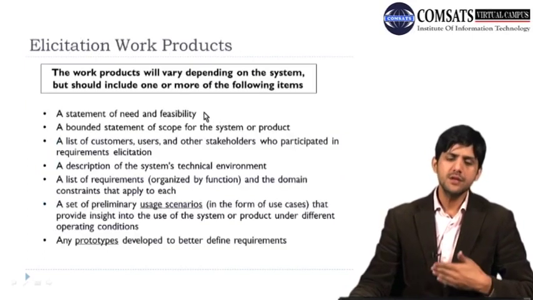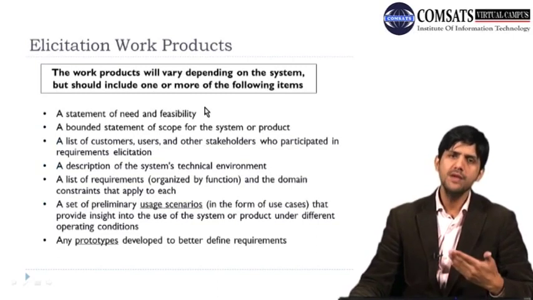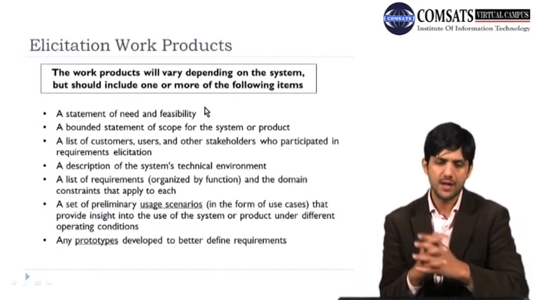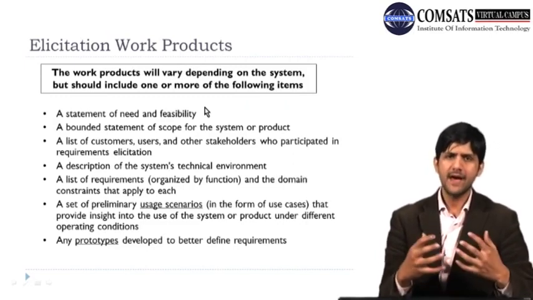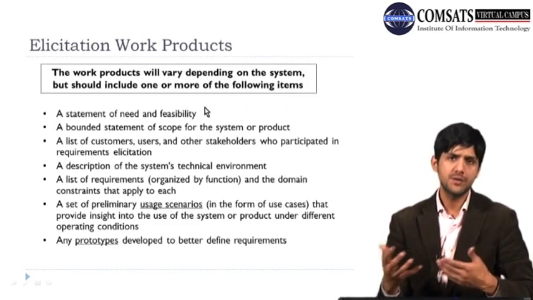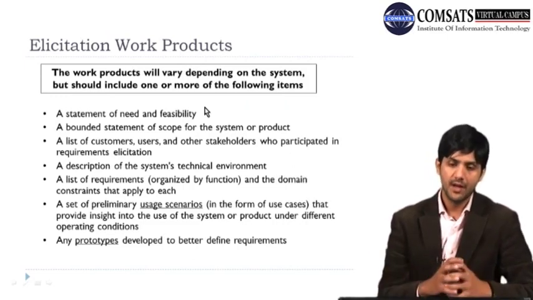So what are the elicitation work products? What do we get out of this elicitation task, or what is the output of this elicitation task? As elicitation might be different depending on the technique which is used, the work products can be different.